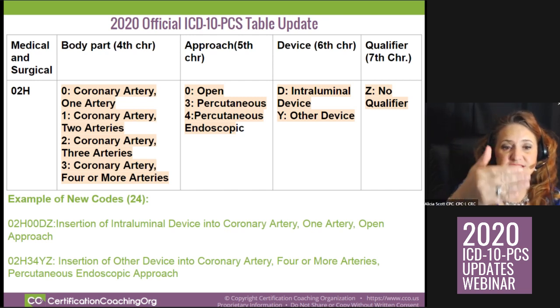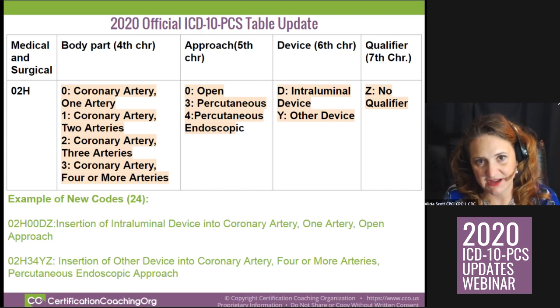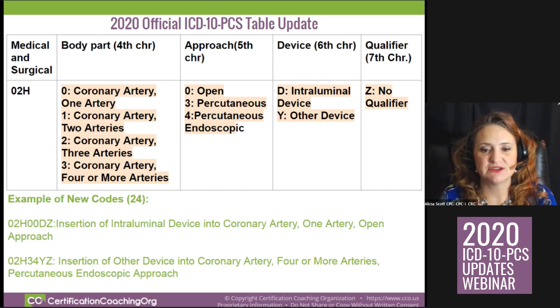So not only did they add these arteries, then they have to add the approach and the device, etc., to expand and give us our multi-axial options. Very exciting. I think if you're in interventional radiology or cardiology, this is a game changer for you, and you are going to be happy to see this broadened.